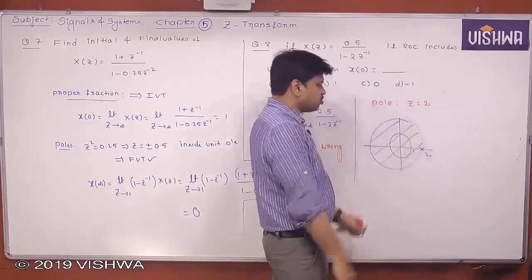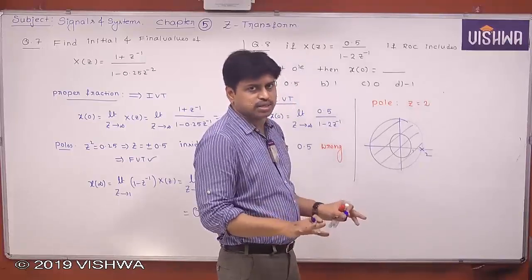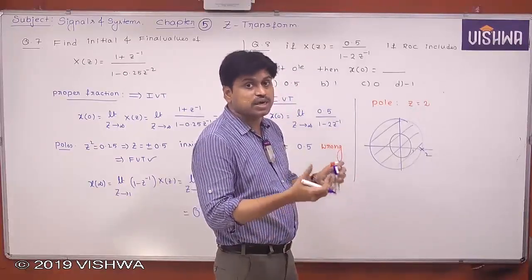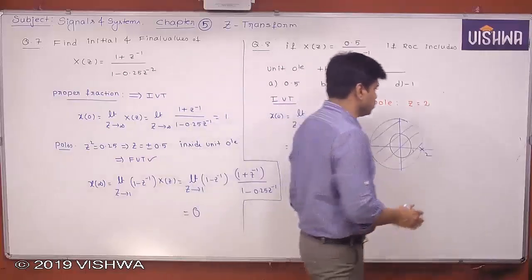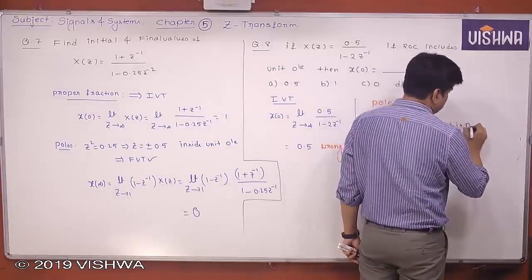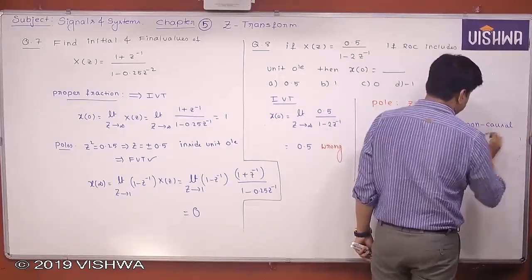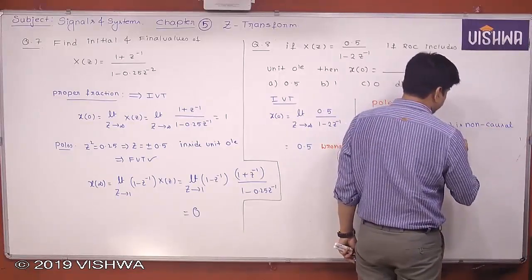So with this ROC, we can conclude that x of n is not causal, it is non-causal, or we can say a left-sided signal. So x of n is non-causal, that is, a left-sided signal.